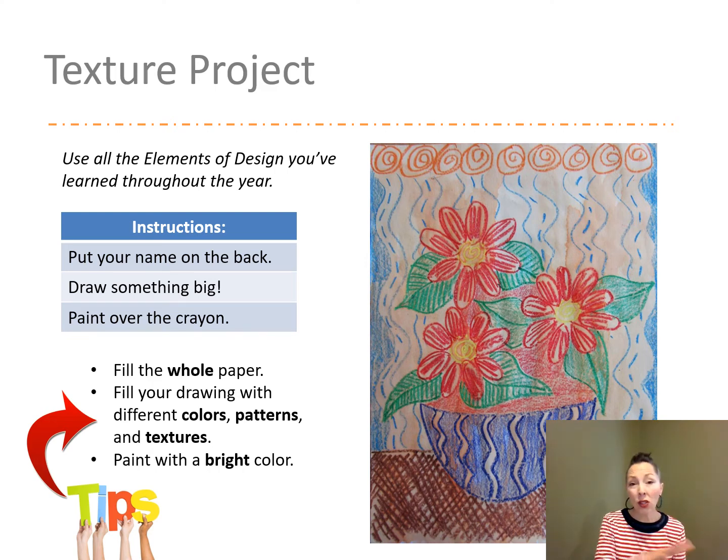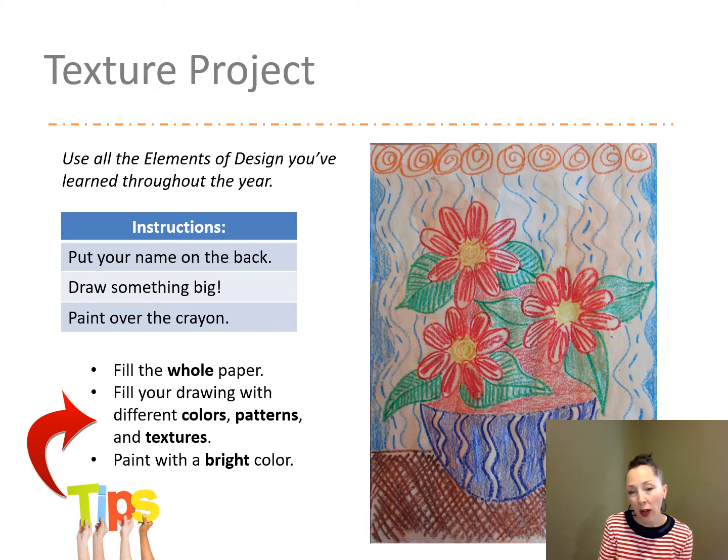Now, once they're finished drawing their ginormous texturized piece of artwork, then they're going to take a single color of watercolor, just one color. We want to encourage them only to use one color, and that's just to give it a little movement, a little feel, a little more color, a little more texture.